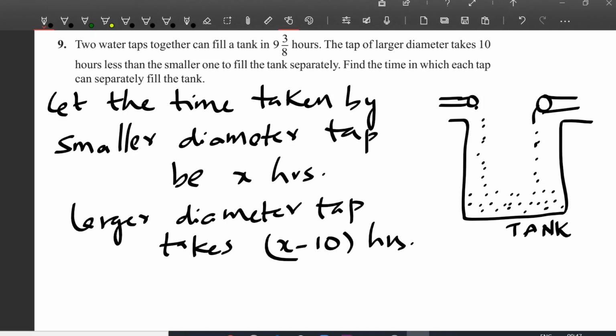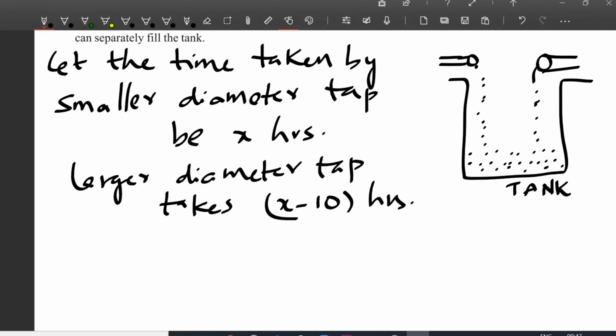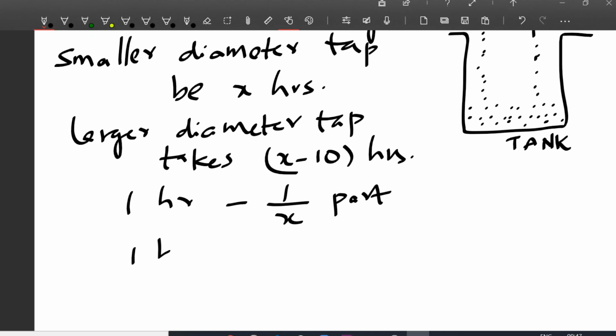Okay, now if this is the case, then in 1 hour how much part of the tank will be filled? When the smaller diameter tap is opened, it fills 1/x part of the tank. Okay, so similarly in 1 hour, when the larger diameter tap is opened, it will fill 1/(x minus 10) part of the tank.